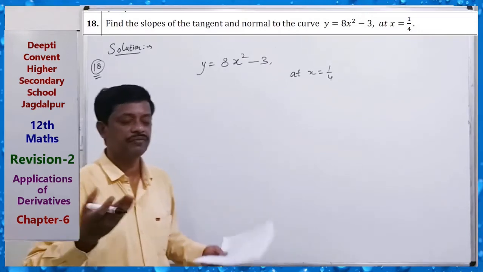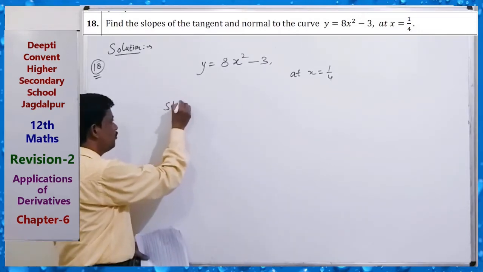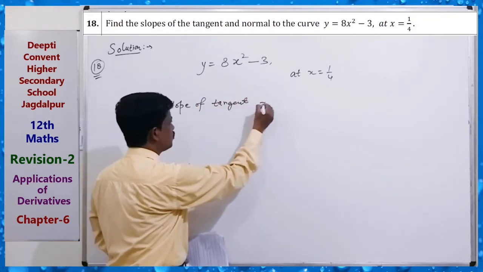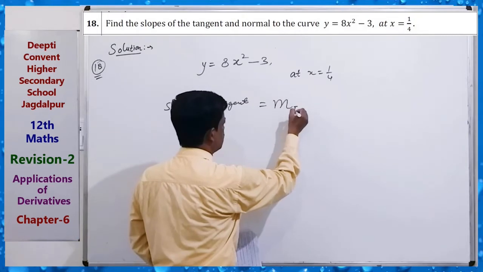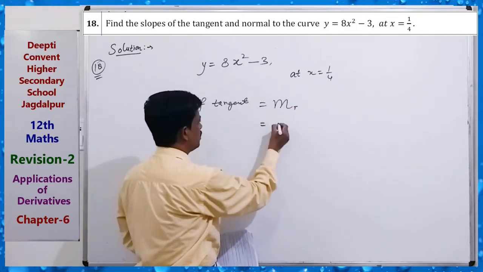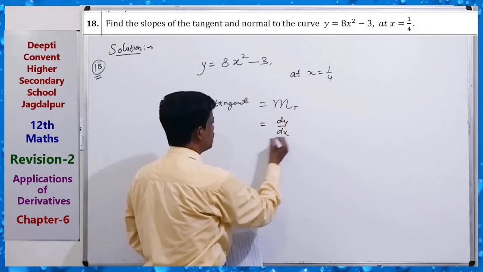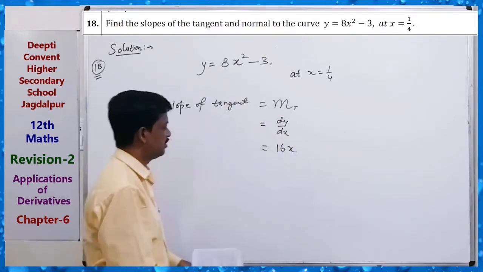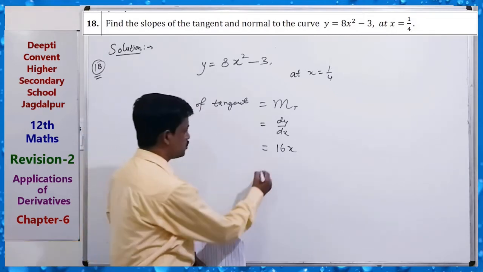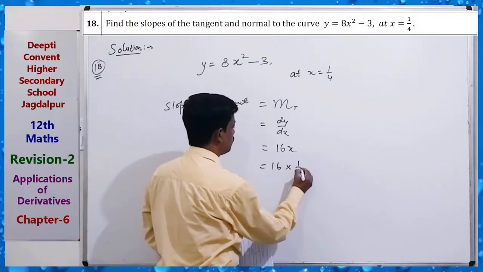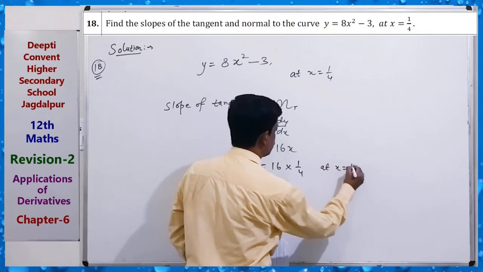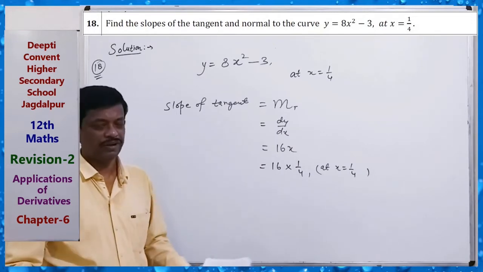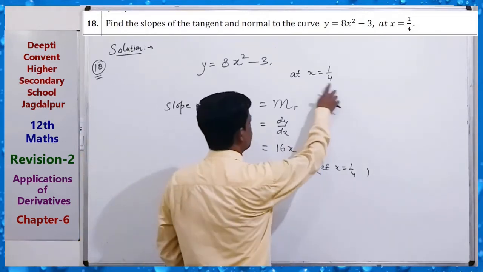First of all, you can find the slope of the tangent. Denote the slope of the tangent by mt. That is dy upon dx, the differentiation of this, 16x. 16x equals 16 into 1 by 4 at x equals 1 by 4.